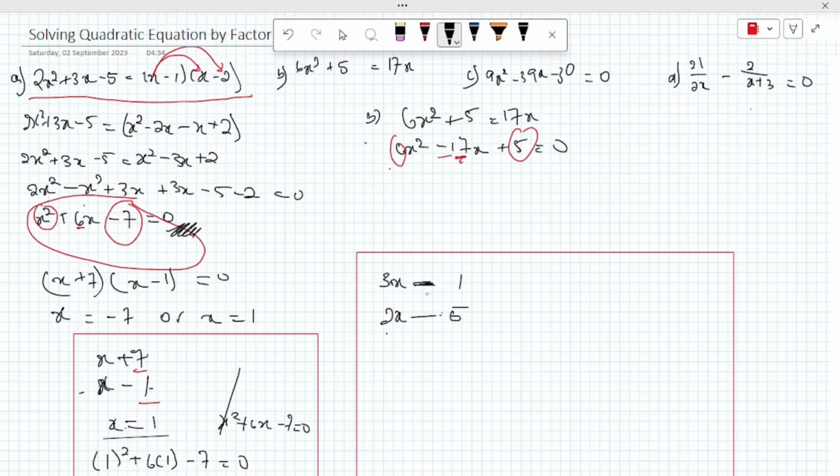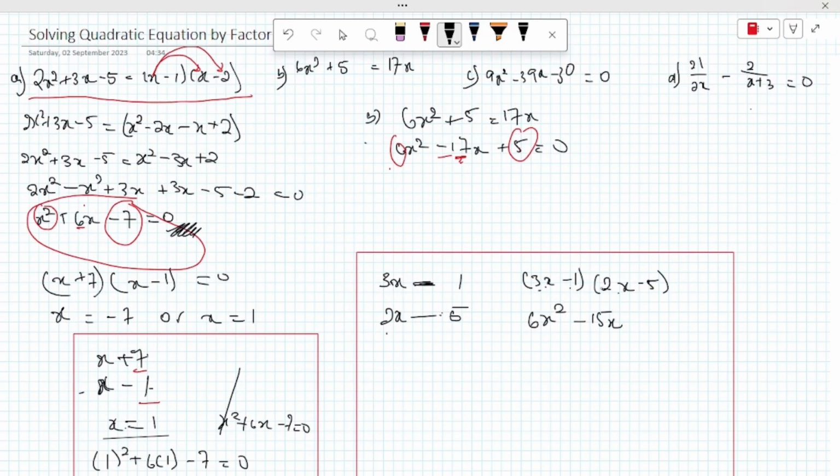So yeah, let's check our answer. So it's going to be 3x minus 1, 2x minus 5, right? So let's check if our answer is correct. 3 times 2 is 6x squared, right? We need to be able to get back to our answer. So 3 times minus 5 is going to be minus 15x.